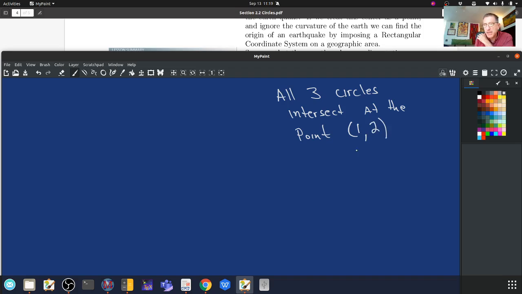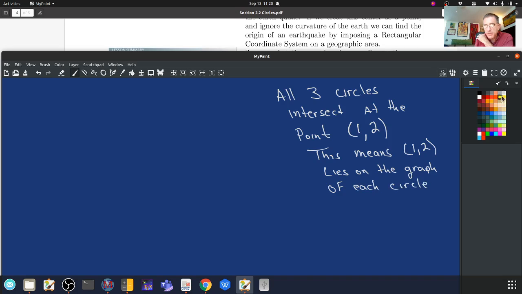So what does that mean? That means all 3 circles, this point, 1, 2, so this means 1, 2, that's a point, lies on the graph of each circle. So I hope you understand there.